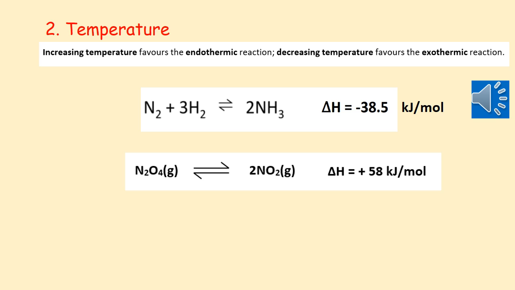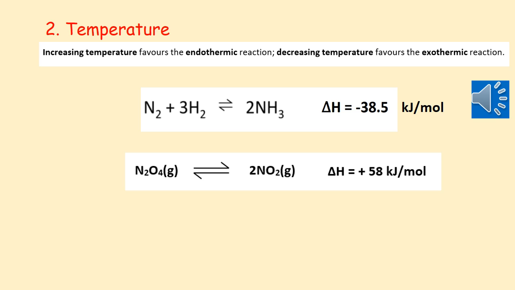So we're saying that when this reaction happens, the forward reaction happens, we get a change of heat of minus 38.5 kilojoules. Now that means that 38.5 kilojoules of energy have been lost from the chemicals and transferred to the environment. That's why you've got a minus sign there.